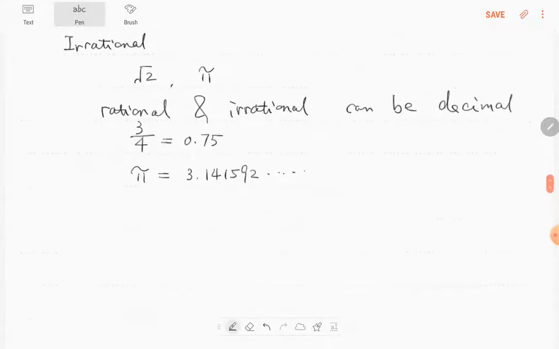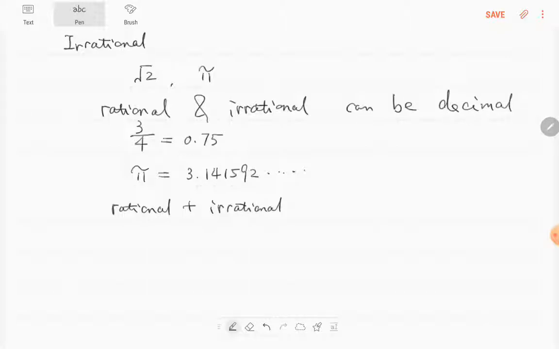So put them together. We will say rational number plus irrational number equals real number.